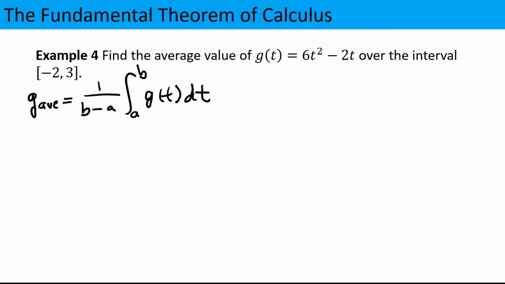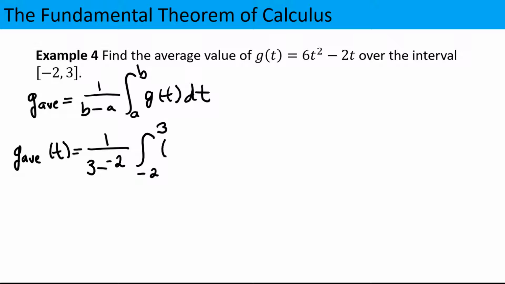Let's put in our values. G ave of t, that's the average, it's going to be 1 divided by the quantity 3 minus -2, and the integral evaluated from -2 to 3 of the function 6t squared minus 2t dt.